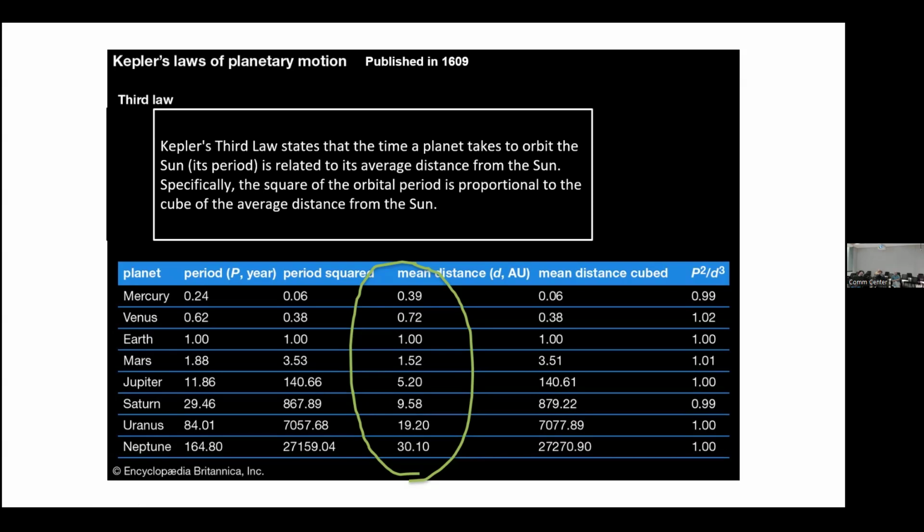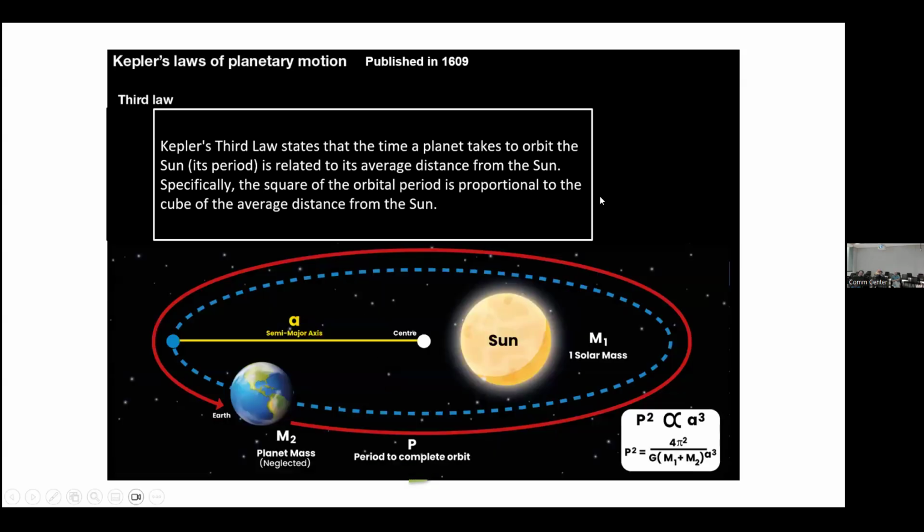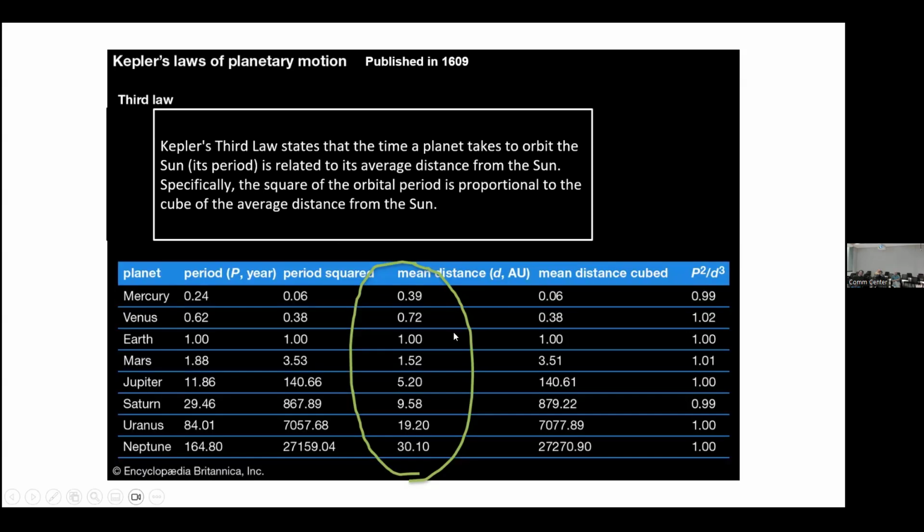What astronomers knew at the time was that the Earth was one astronomical unit away from the sun. But we didn't know what an astronomical unit was. We didn't know how far it was. We just knew that it was one.